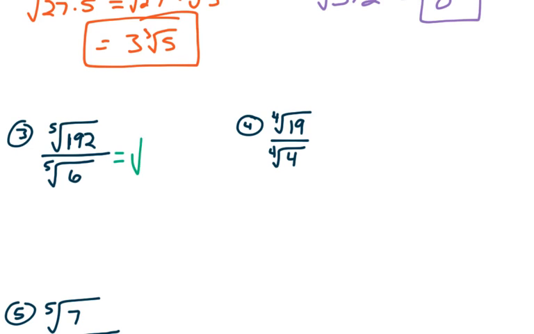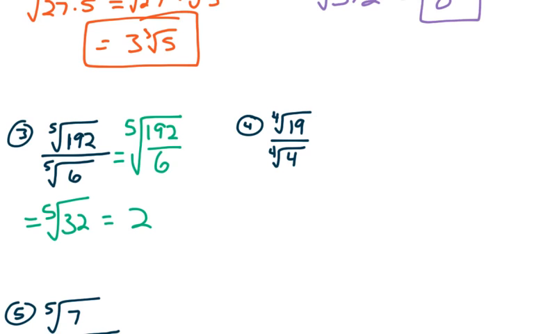We're going to make this the fifth root of 192 over 6, and 192 divided by 6 is actually a fantastic number. It's 32. So we'll have the fifth root of 32, which conveniently enough, 32 is in that n to the fifth column, and when you look all the way to the left from 32 in the fifth, you're going to find that the fifth root of 32 is 2. And that's it. That's your answer right there, just 2.